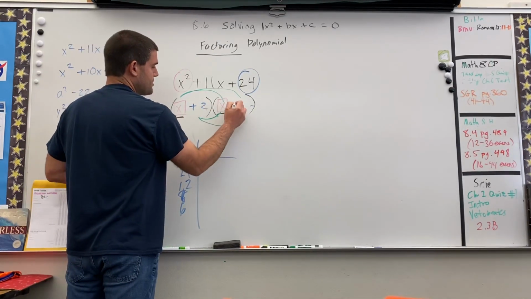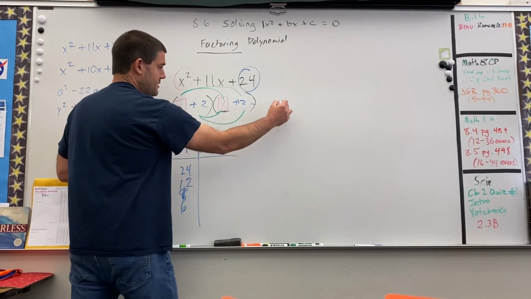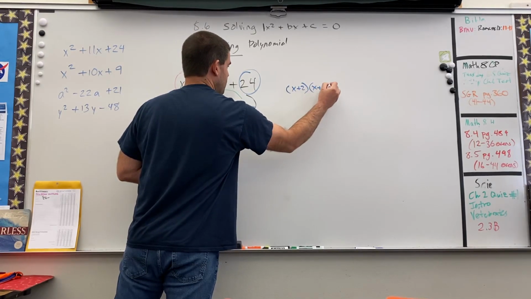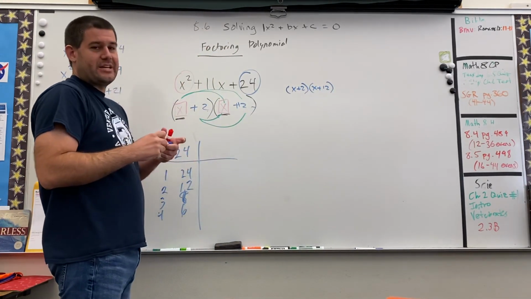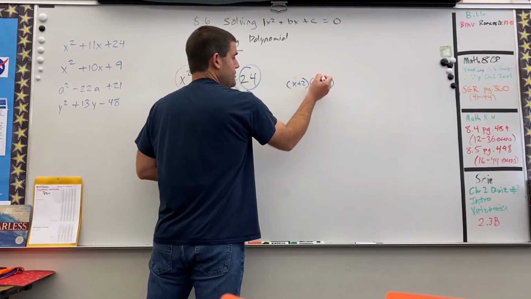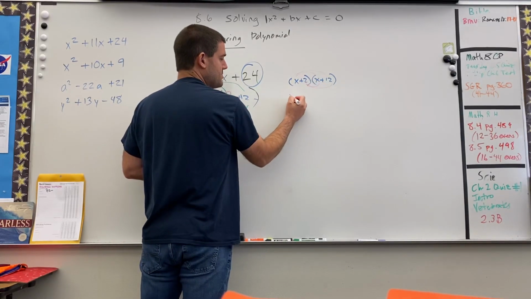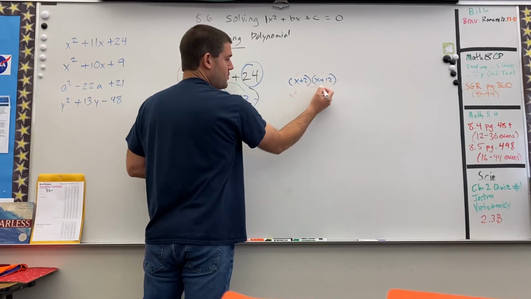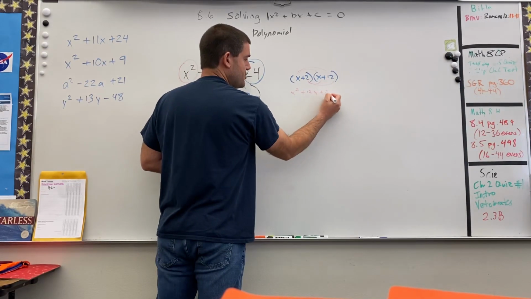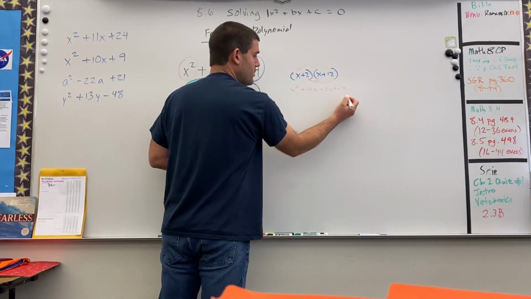So then I have x plus 2 times x plus 12. Let's just check it. Let's do our distributive property and see if it works. The x times x is x squared. x times 12 is 12x. 2 times x is 2x. And 2 times 12 is 24.